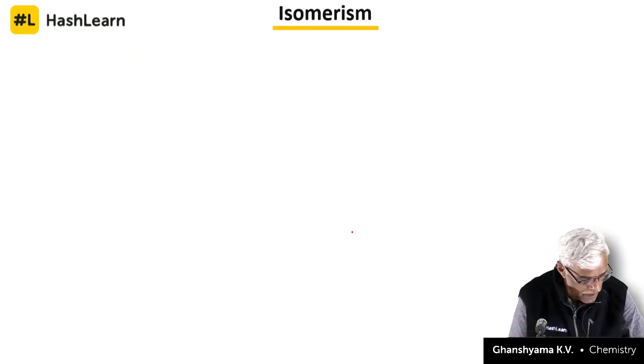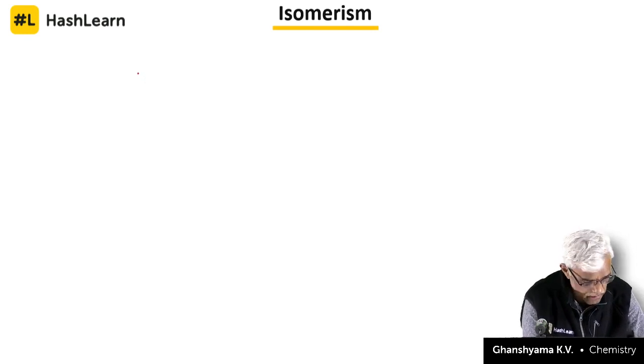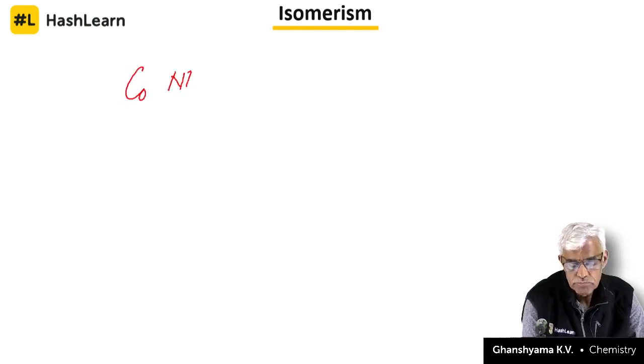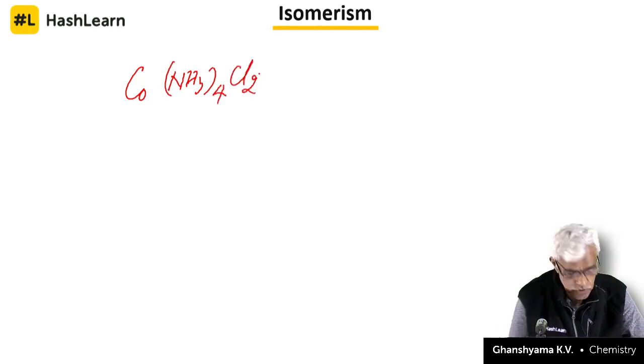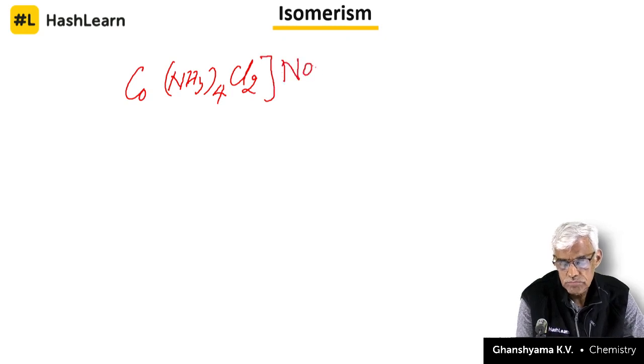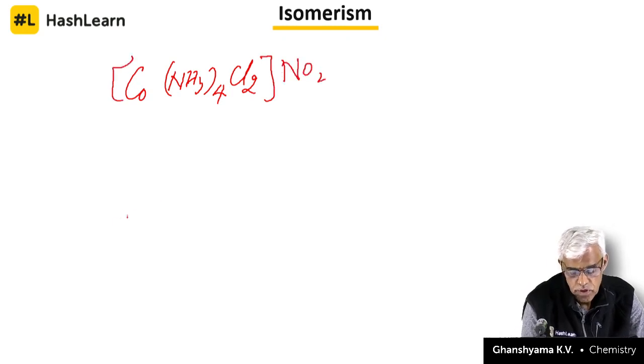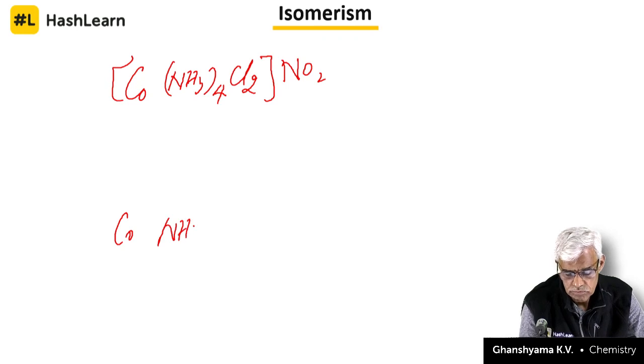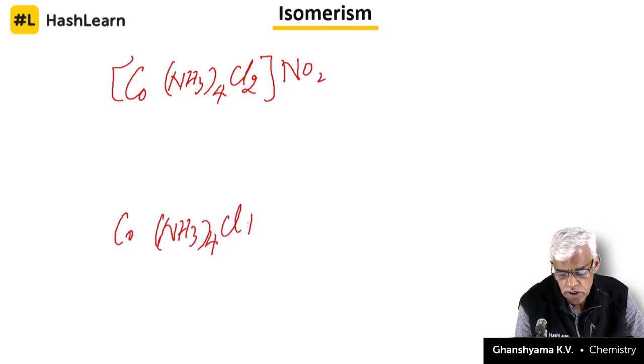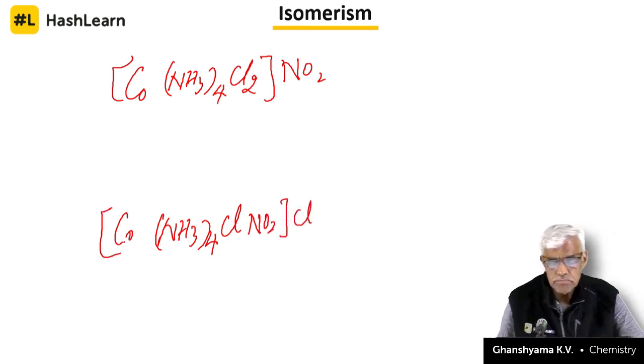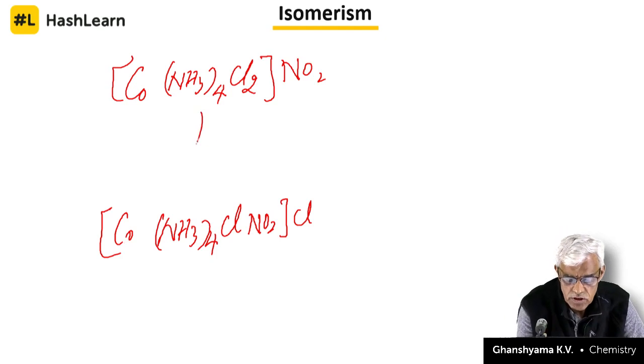So one more example, and I will stop there about ionization isomerism. Co(NH3)4Cl2 NO2. Another is Co(NH3)4Cl NO2 Cl. If you dissolve this in water, you get nitrite ion.